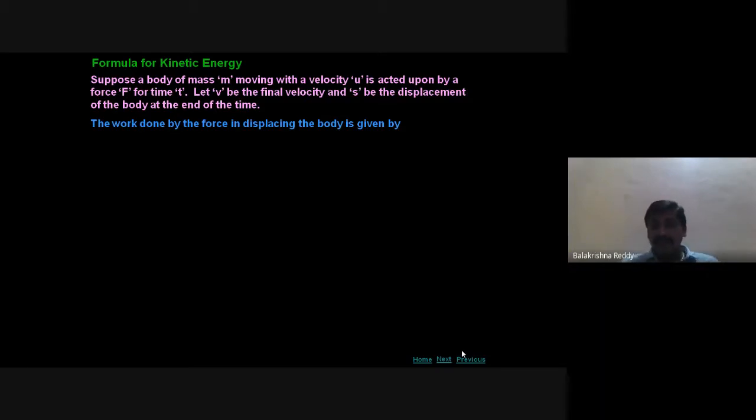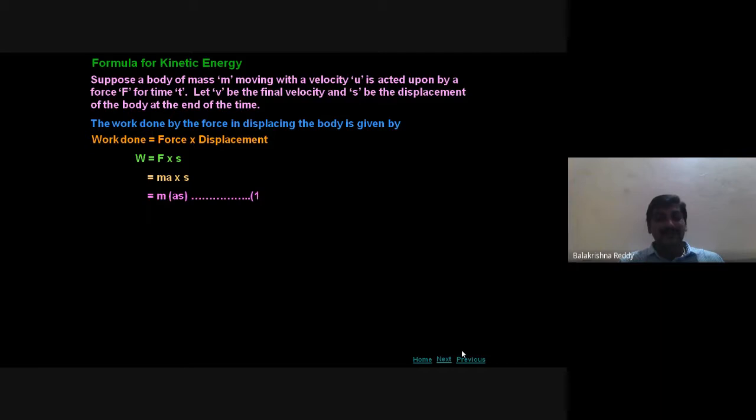From the definition of work, work done equals force into displacement: W = F into S. According to Newton's second law, force is the product of mass and acceleration, so W = m a S. I'm taking this as equation one.